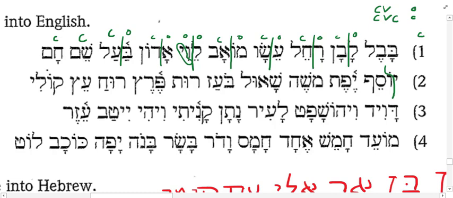Maybe the yod's vowel is just a holem, and the vav is a consonant that starts another syllable. Maybe, but the question to ask then is, is there a vowel underneath that vav? The answer is no. That vav therefore cannot be a consonant, because in every Hebrew word, all the consonants have to have a vowel associated with them, unless it's the final consonant. And that's not what's happening here.